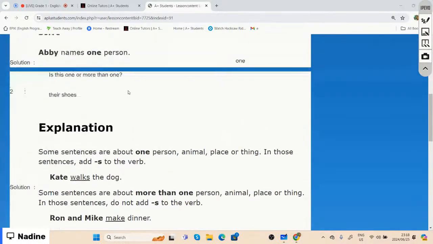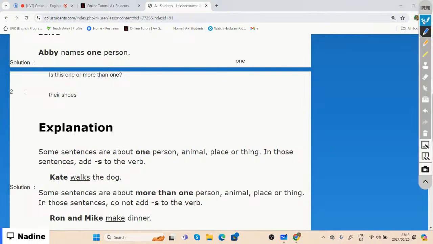All right. If we were to say their shoes, look at the word, especially their shoes. Are we referring to one person's shoes, or are we referring to more than one person's shoes?